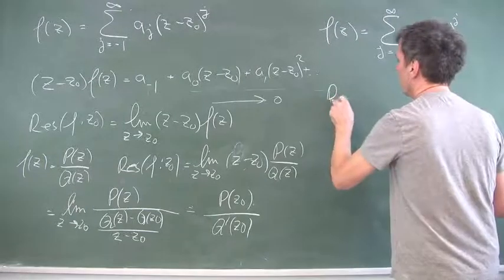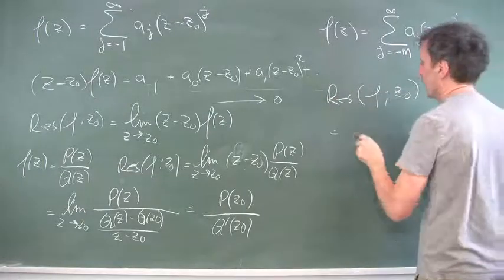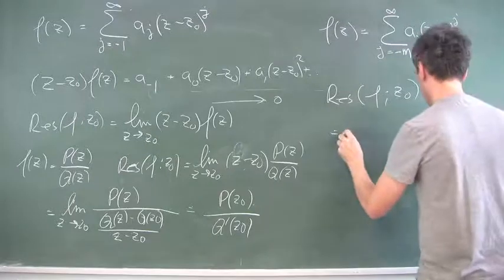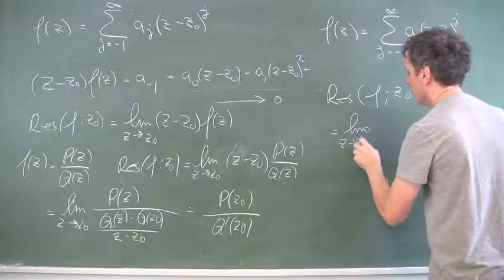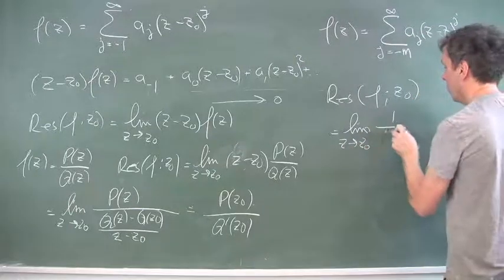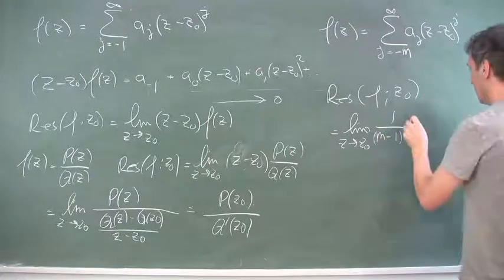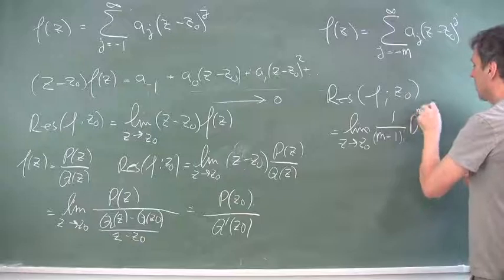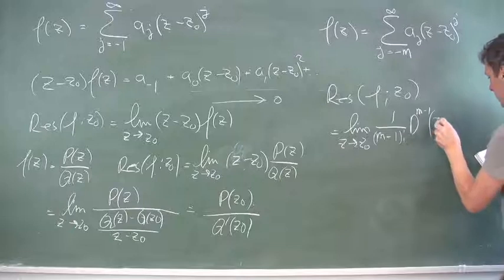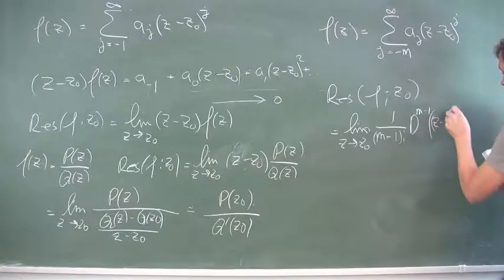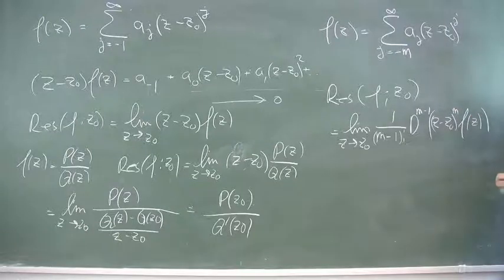Then the formula for the residue of f at z0 is the limit as z tends to z0 of 1 over (m minus 1) factorial times the (m minus 1)th derivative of the function (z minus z0) to the power m times f(z).